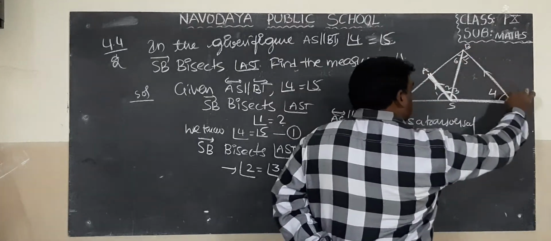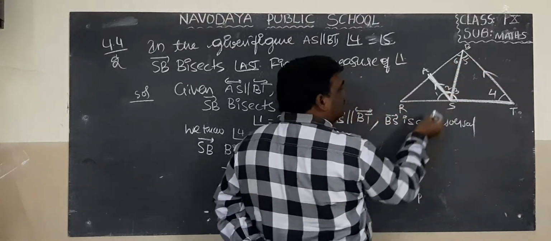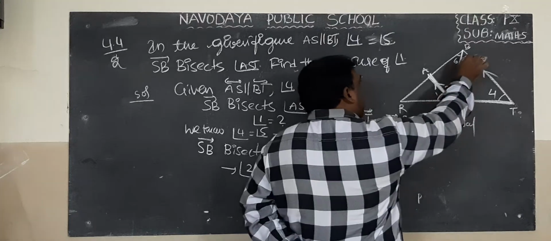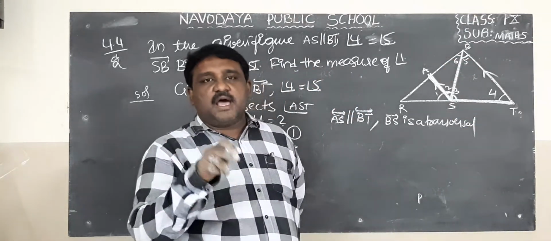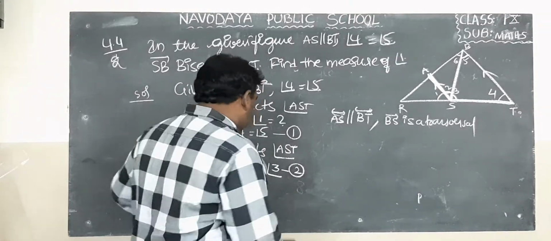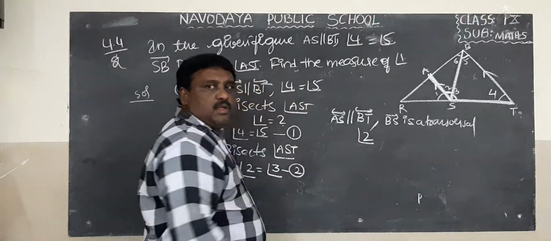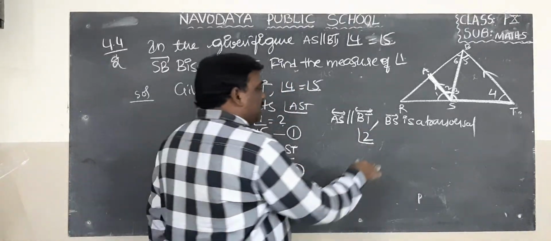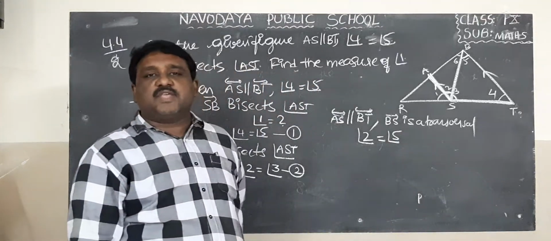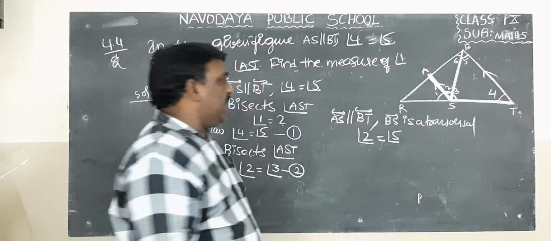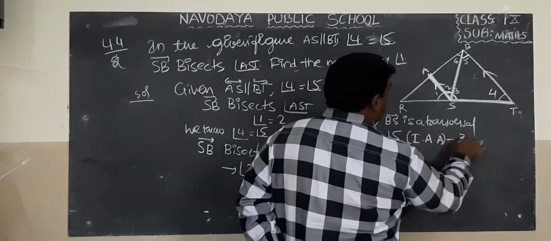AS parallel to BT, this one is a transversal. Then what are the angles equal? Angle 2, angle 5, both are equal. Why are they equal? Because they are interior alternate angles. Angle 2 equal to angle 5, interior alternate angles.